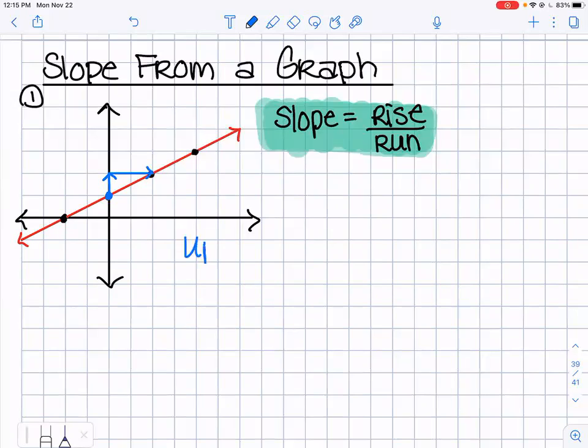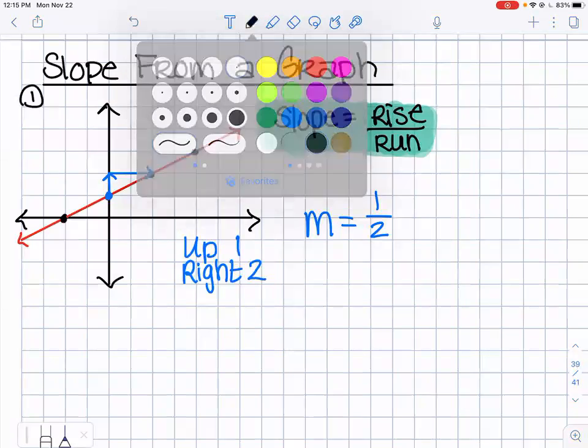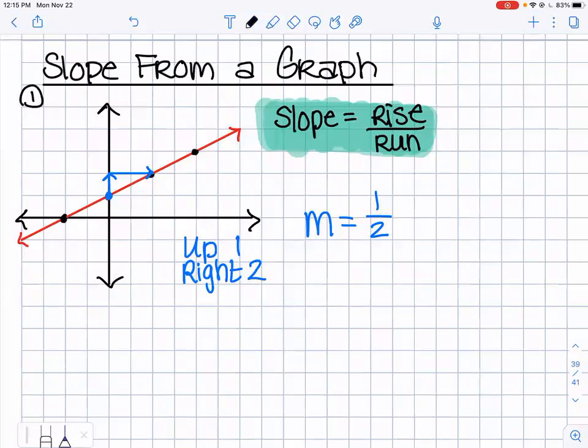So we went up 1, right 2. Now is this a positive or negative slope? Positive. So if slope is rise over run, we went up 1 over 2. Done. Okay, so theoretically, you could graph all these instead of doing the math, but that might take a little while.